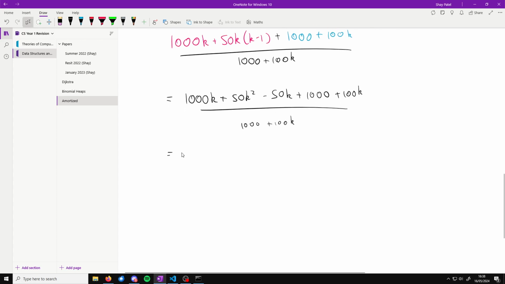That's 50k squared plus 1,050k plus 1,000, over 1,000 plus 100k.